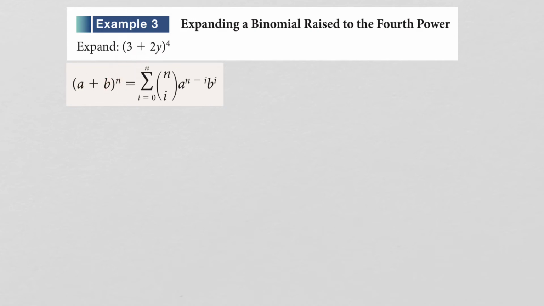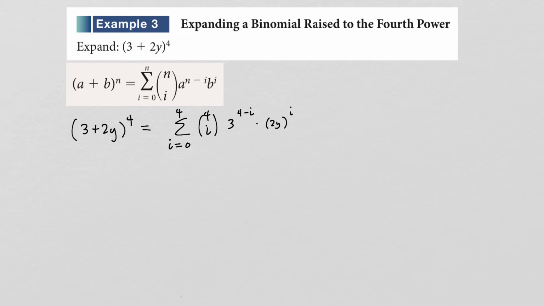So if I use the formula to do this, 3 plus 2y, quantity to the fourth power, is going to be the sum, i equals 0 to 4, of 4 choose i, and then a is 3, so it's going to be 3 to the 4 minus i. And then b right here, that's 2y, so that's going to be 2y to the i power. So that would be the setup.